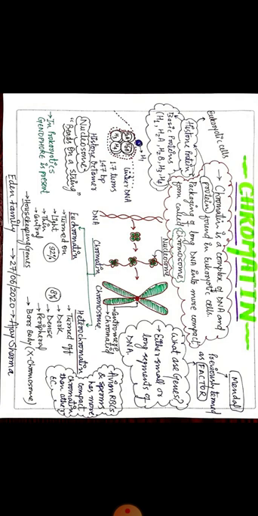You can see on the left side of this diagram H2A, H2B, H3 and H4, and on their back side another molecule is also attached.